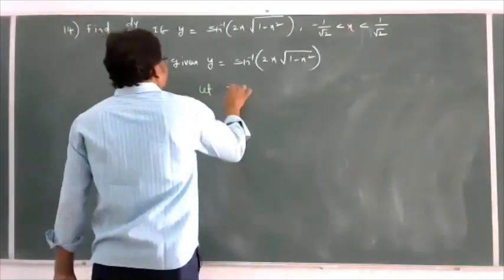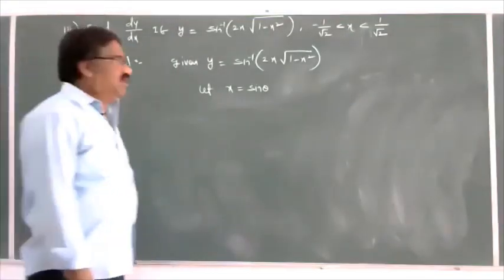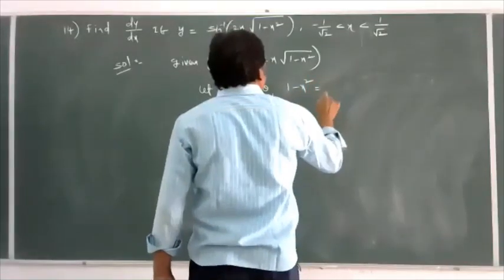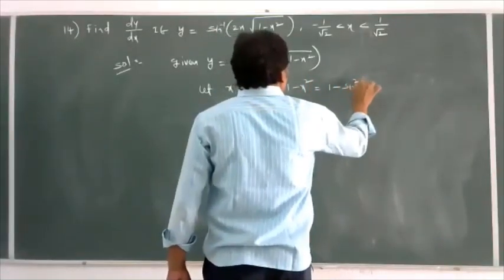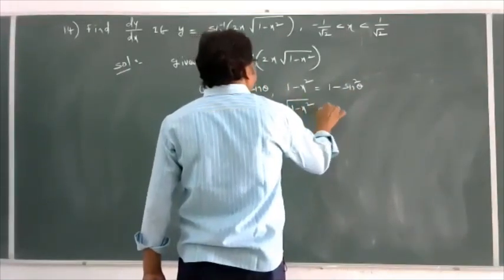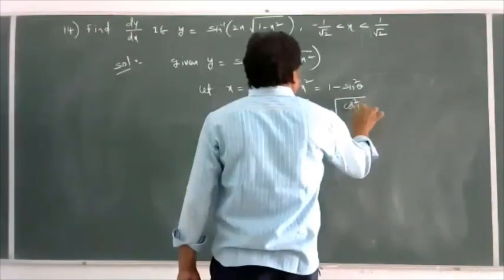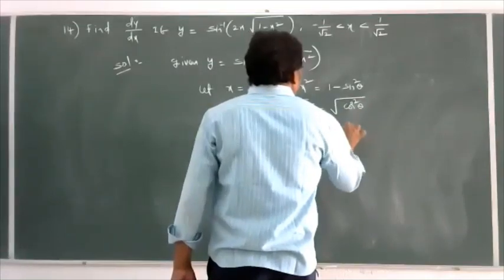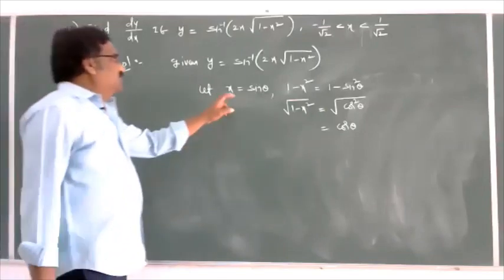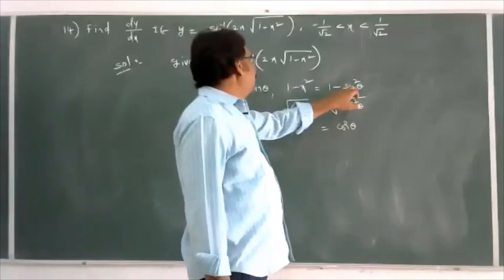Let x is equal to sine theta. If x is equal to sine theta, then 1 minus x square is 1 minus sine square theta.